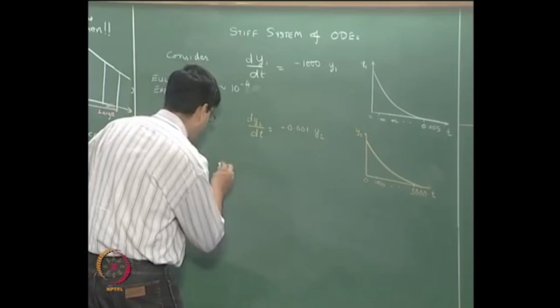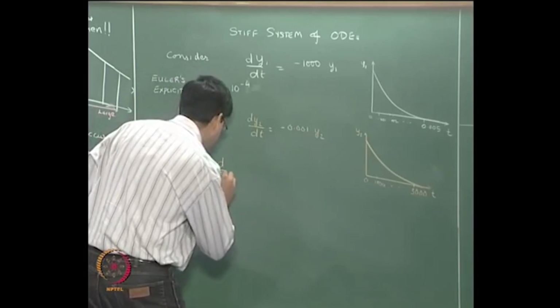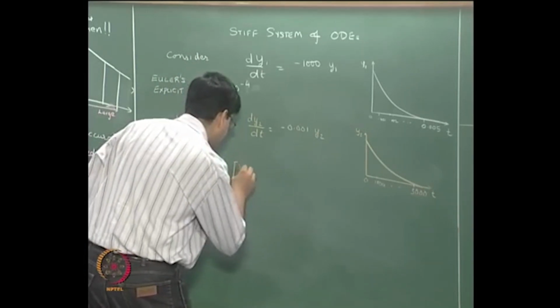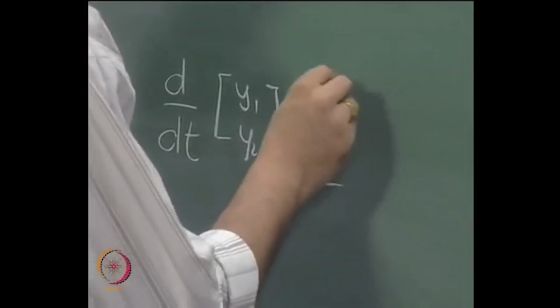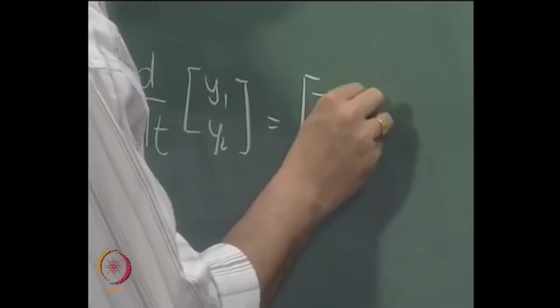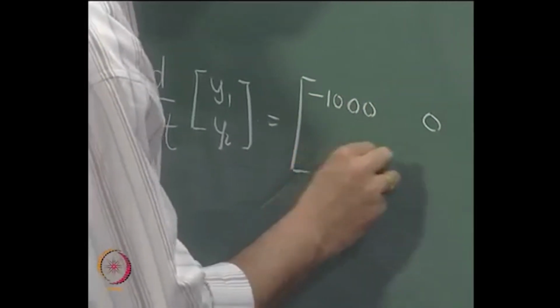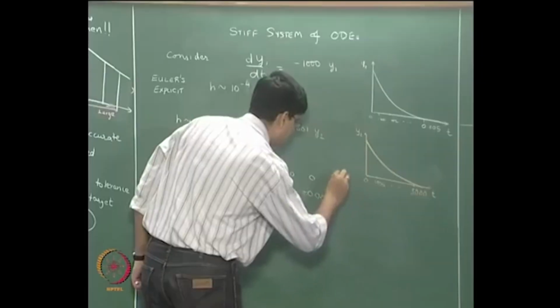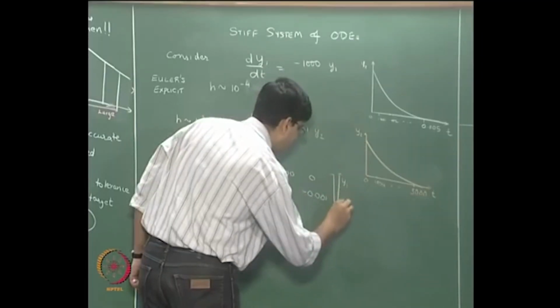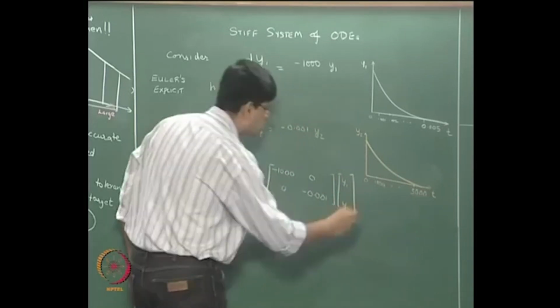Now however, if we had an equation of the form d/dt of [y1 y2] equal to [[-1000, 0], [0, -0.001]] times [y1 y2]. Okay.